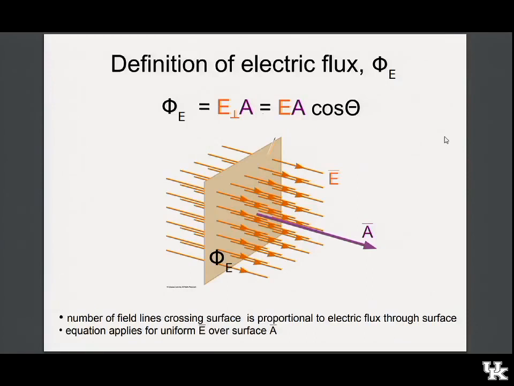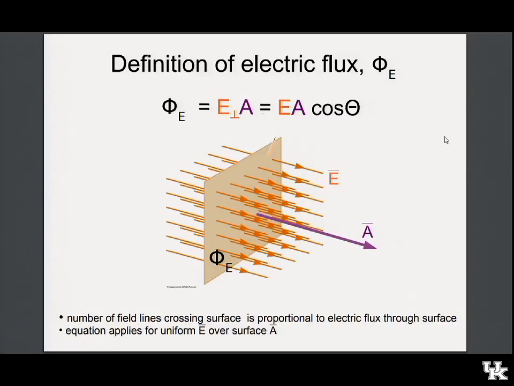I'm representing mathematically that surface with that magenta vector A. So the length and the direction of this arrow represents the vector A that describes the surface. The length of this vector describes the area of the surface.